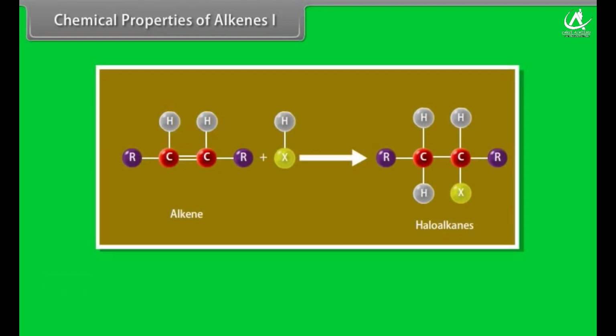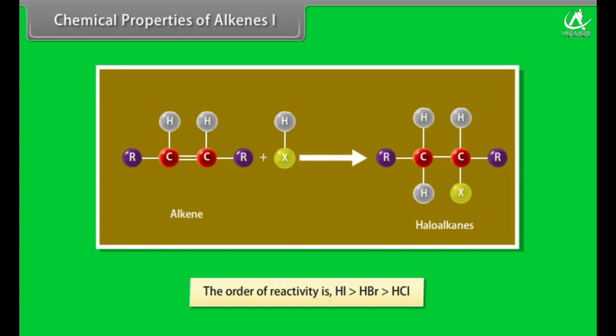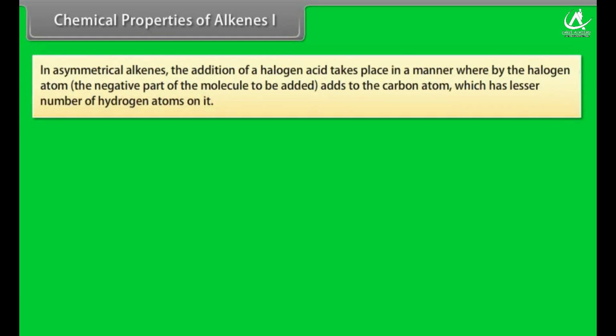Addition of halogen acids. Alkenes react with concentrated aqueous solutions of halogen acids to give haloalkanes. The order of reactivity is HI is greater than HBr is greater than HCl. In asymmetrical alkenes, the addition of a halogen acid takes place in a manner whereby the halogen atom, the negative part of the molecule to be added, adds to the carbon atom which has a lesser number of hydrogen atoms on it.